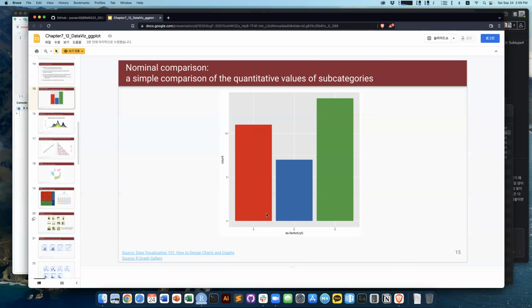Here, cylinder 4 has 12 counts, and cylinder 6 has, it looks like, 7, and 8 cylinders has like 15. So that information gives you two layers of information: first the number of items, and then how many groups you can define for comparison.